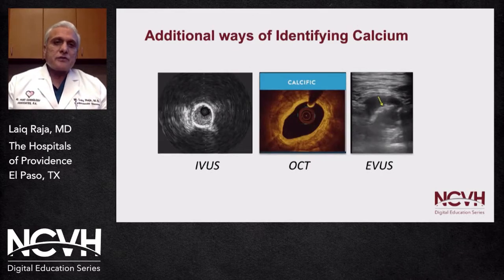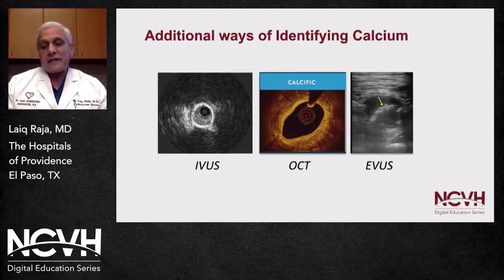So in addition to looking and identifying calcium by fluoroscopy, which we know by far is not the best way of looking, intravascular ultrasound is much easier to use, and it really tells you not only the calcium, but also where is the calcium. Is it in the intima or is it in the adventitia?